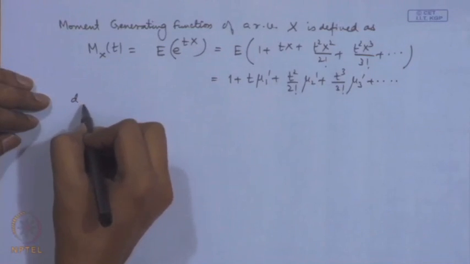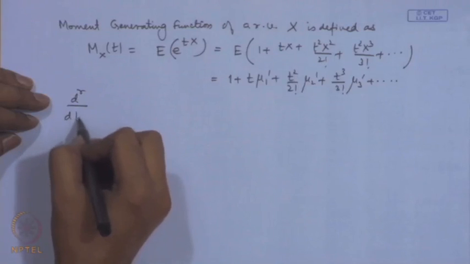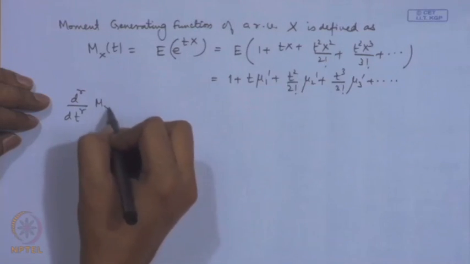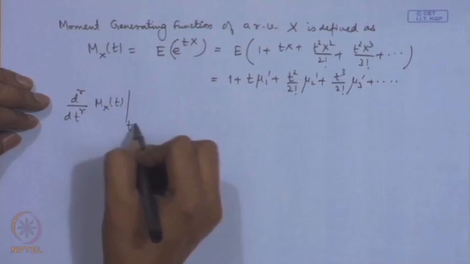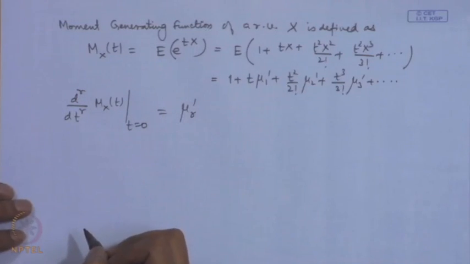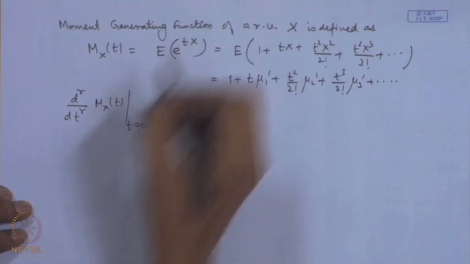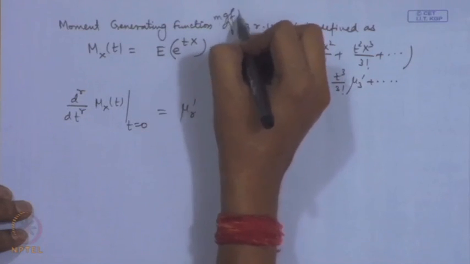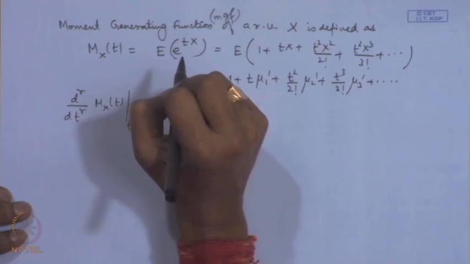And if I consider say rth derivative of the moment generating function at t equal to 0, that is the rth non-central moment. That is why it is called the moment generating function of a random variable, or MGF.